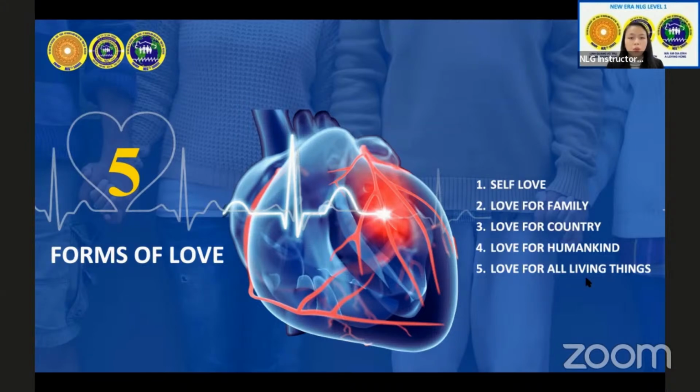So with the 5 forms of love, it's about gradually moving towards that 5th form eventually. And of course, as we talked about self-love, it's not being selfish. And of course, the reason why we start with love of family is so that we learn to express this love beyond ourselves.